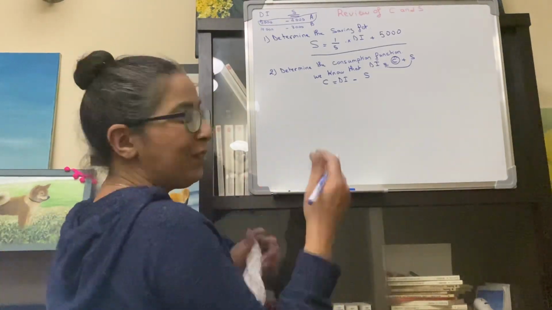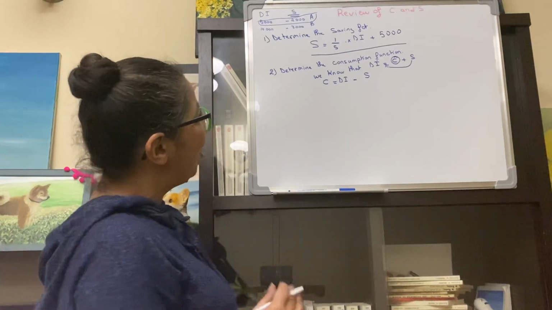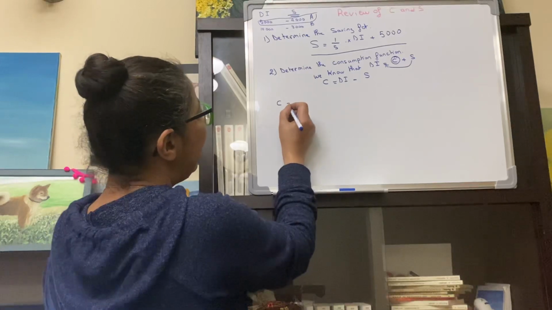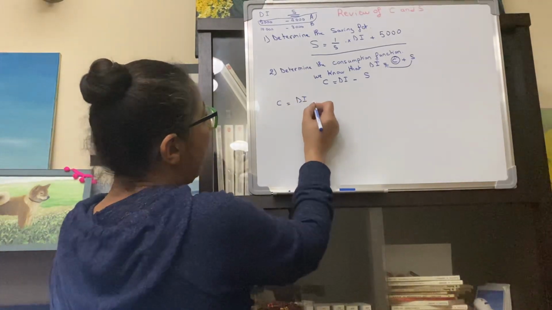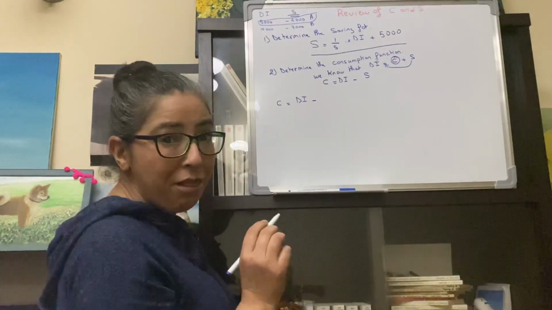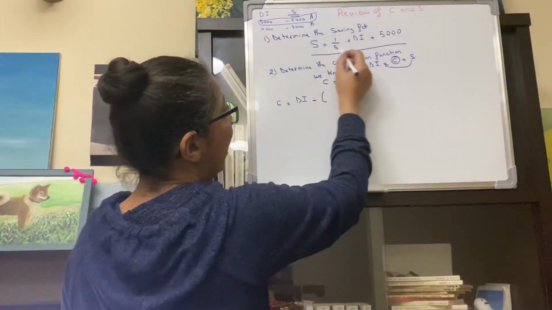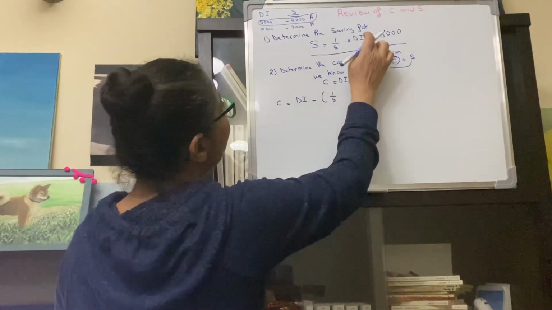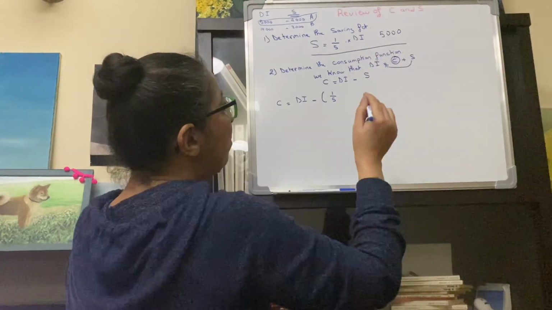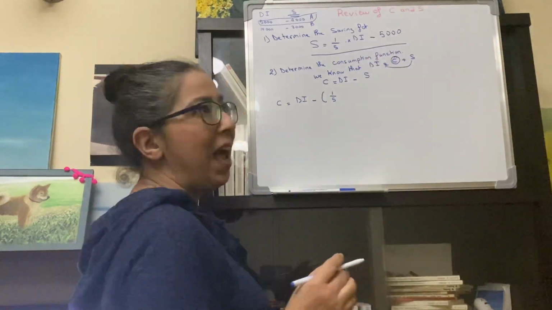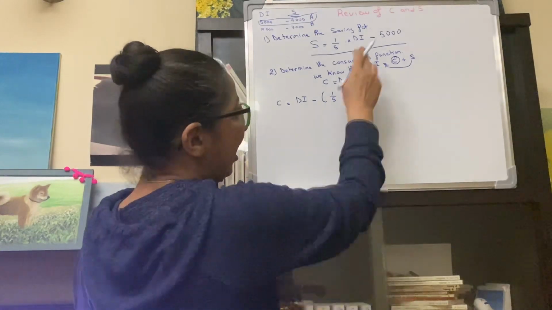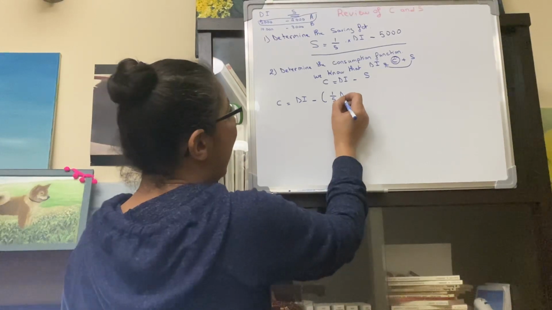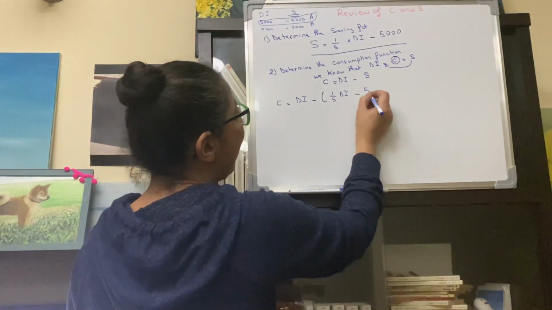So I'm doing my best here to show you all the steps. Let's do it. So C is equal to DI minus, don't forget the parentheses, here is my S function. So 1 over 5. Oh, I'm so sorry, I made a mistake. Here it was minus 5,000. Finally. Check this one out. Okay, DI minus (1 over 5 DI minus 5,000).